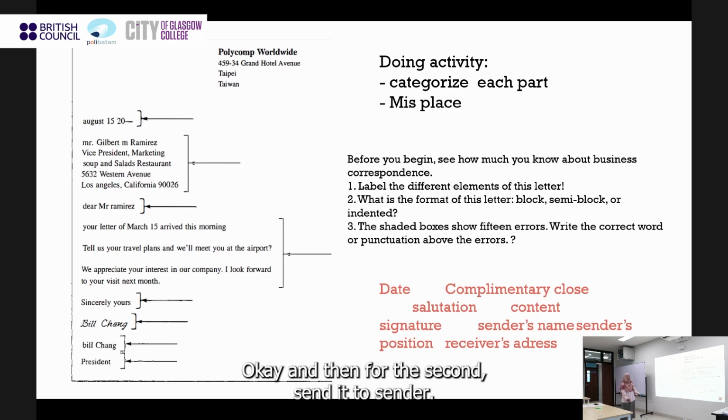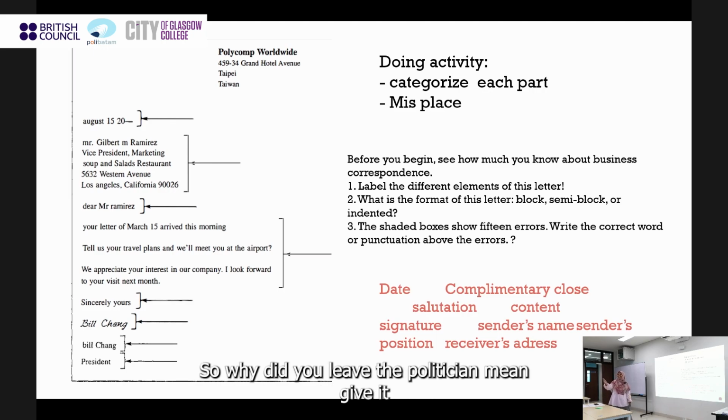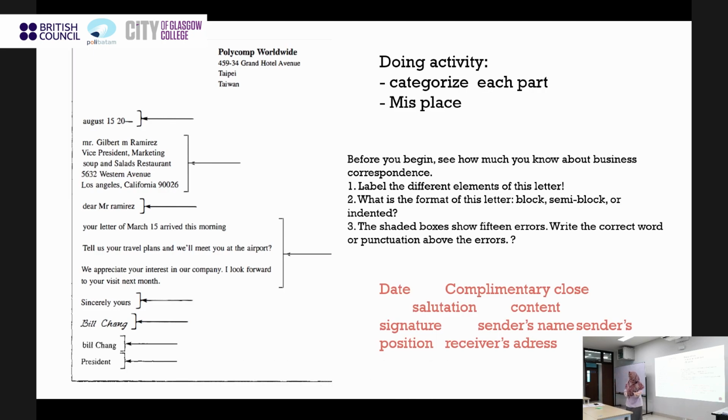Date. Okay, and then for the second, sender. Okay, sender address. And then for the third one, salutation. Okay, good. What does the salutation actually mean?